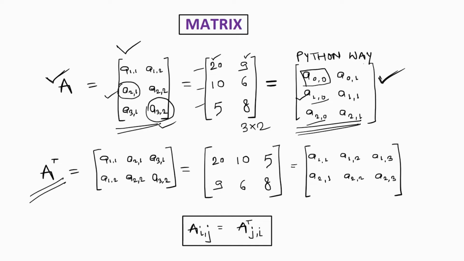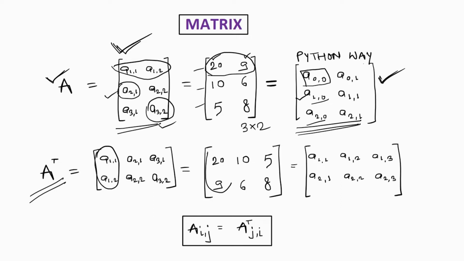As we have seen in the previous lecture of vector, every time we were taking the transpose of a vector, the row vector would become a column vector. Similarly, if you want to take the transpose for this particular matrix right here, then each and every row of this matrix will become a column in the transpose of the matrix, and this is why the alignment of the elements will be changed accordingly.